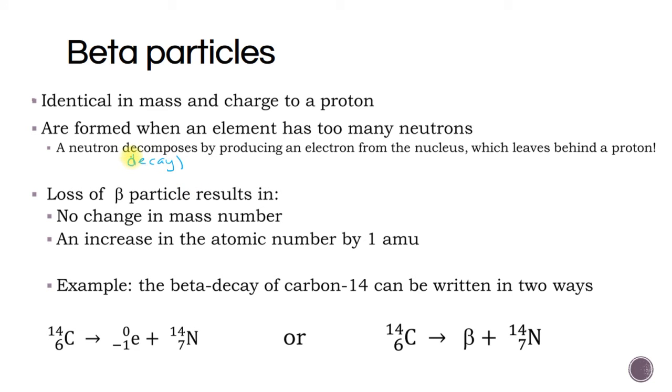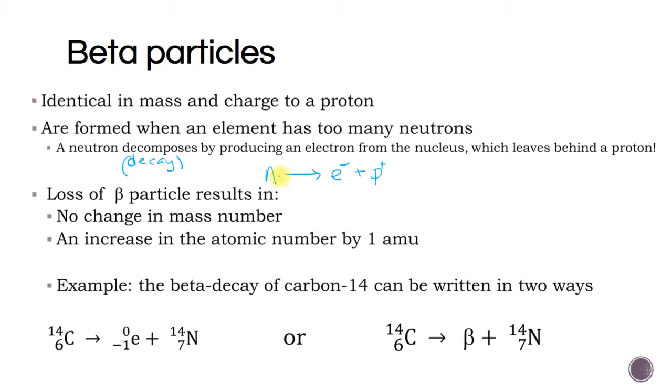So we start off with a neutron, and it produces, that's the arrow, an electron. If we have a neutral neutron and we take away a negative charge, that leaves a positive charge behind, which is a proton.